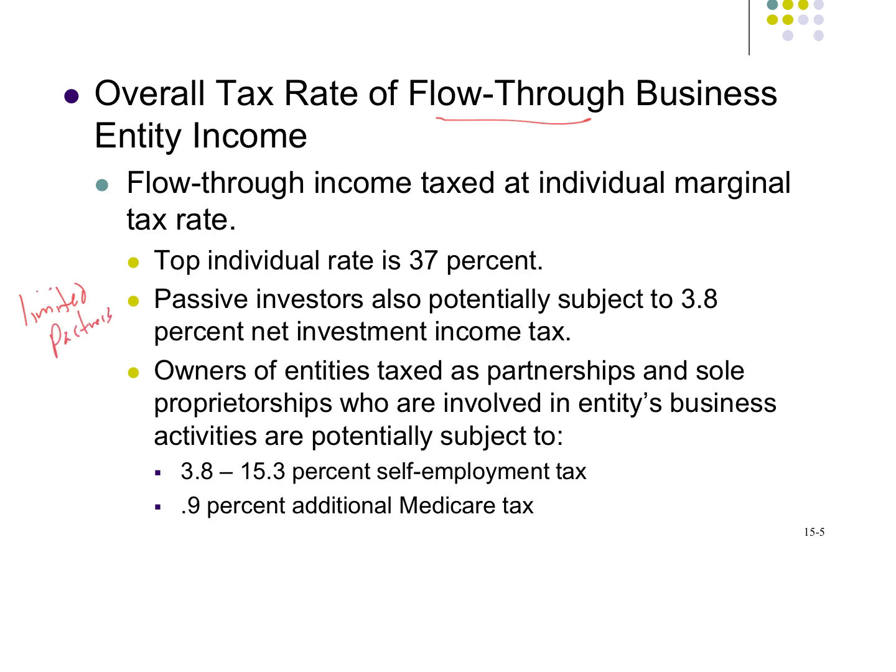All right. They're potentially subject to an additional 3.8% net investment income tax. We'll talk more about that later. All right. And then potentially there's also self-employment tax and Medicare tax, all right? And we will talk about those things a little bit too, okay? So right now, it's important to know the difference between a taxable entity and a flow-through entity and what that means generally from a taxation and income perspective.